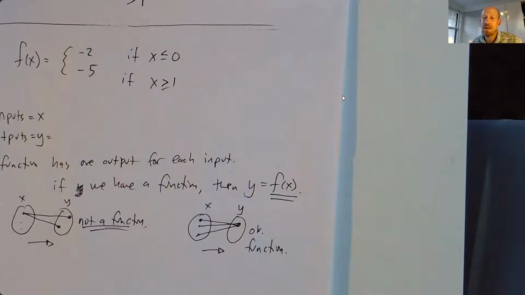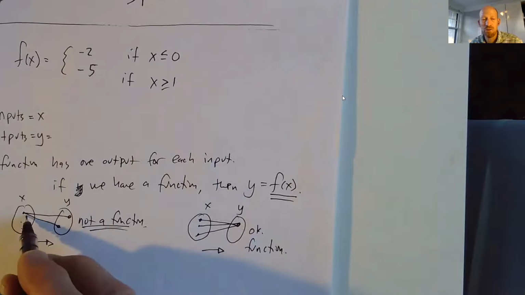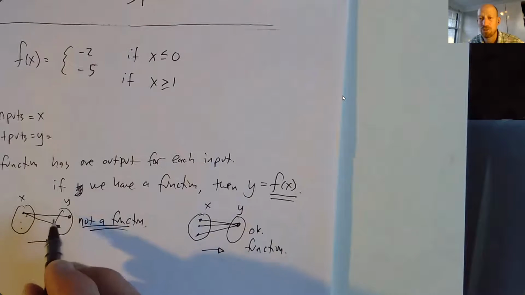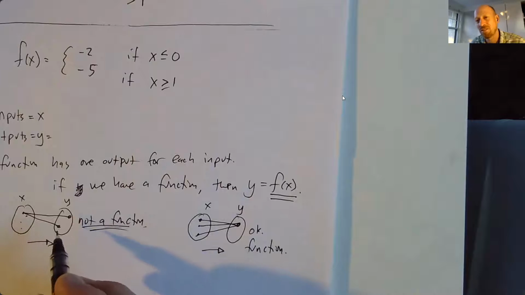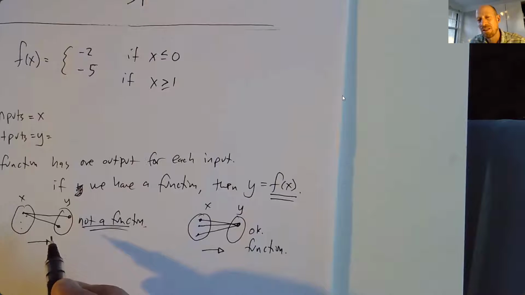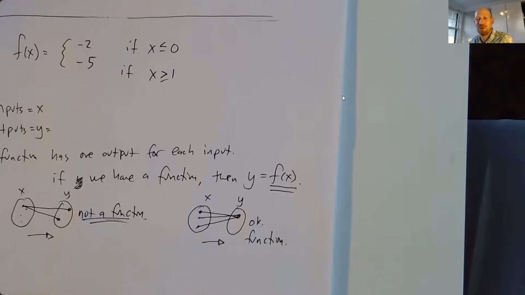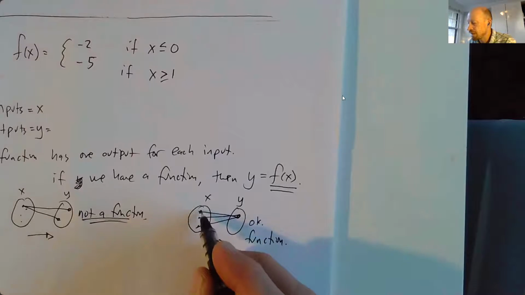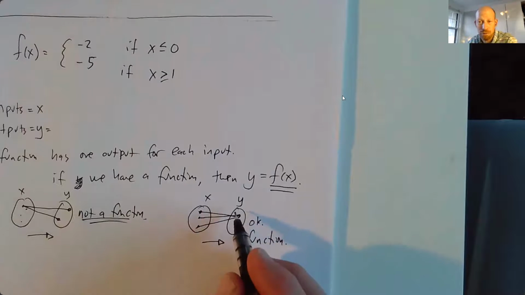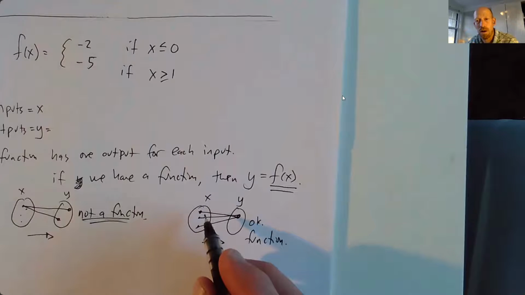But it shouldn't be the case that if you give it 2, you get an output like 7 and you also get an output like 5. That's not a function. It's not how we like the world to work, right? We would like it if you do step A, that it results in step B. We don't want it to do different things. But it is okay, like you said, if different x values all go to the same y value, as long as they go to one y value.